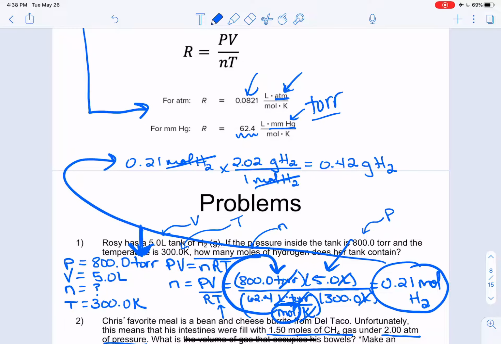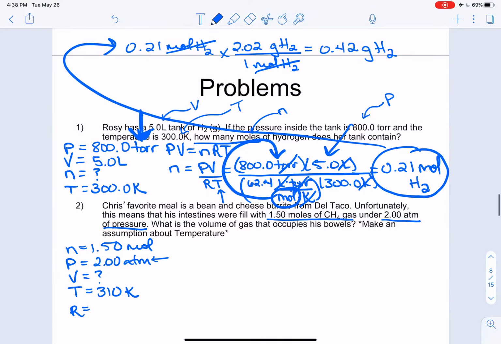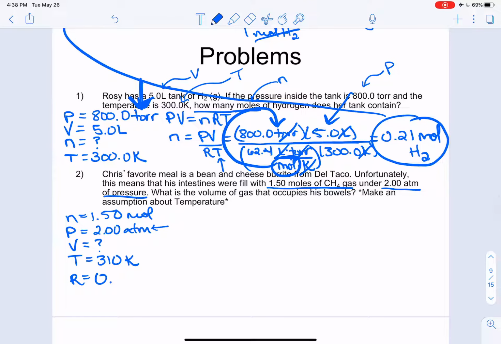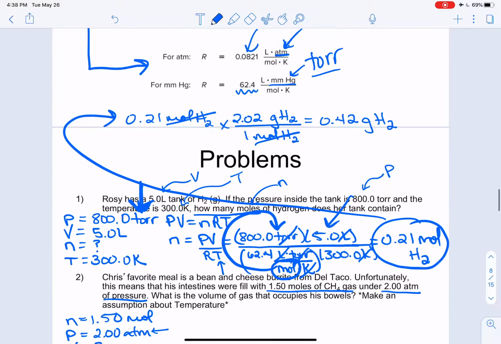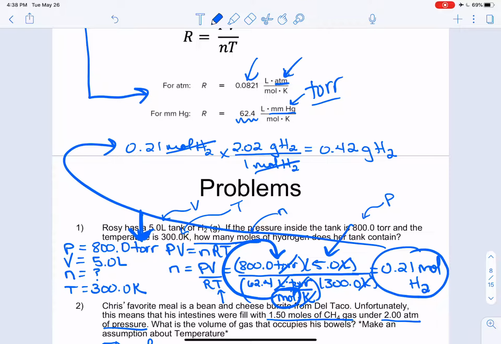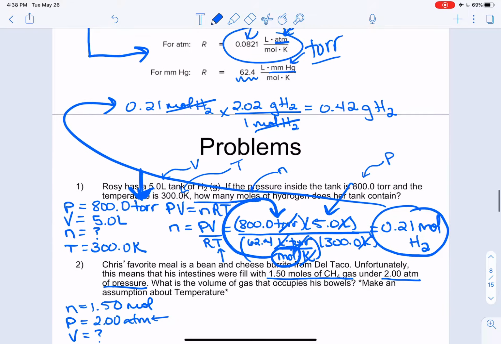So 0.0821. And that's liters times atm over moles times Kelvin, or Kelvin times mole, either way, and I got that from right there.